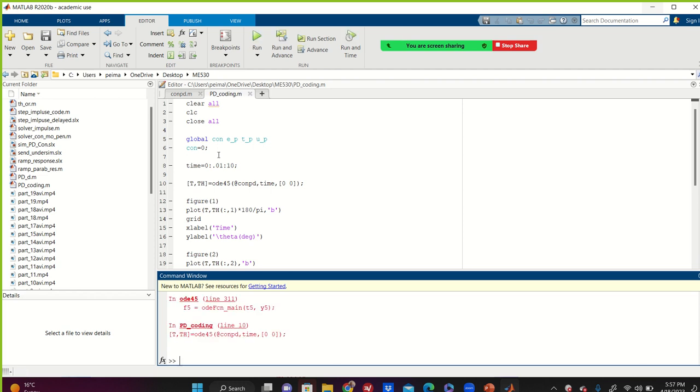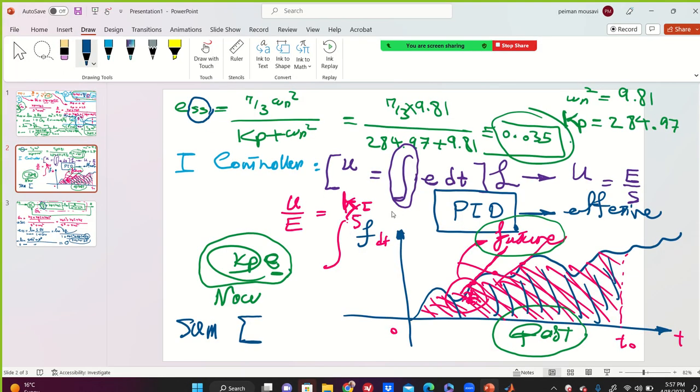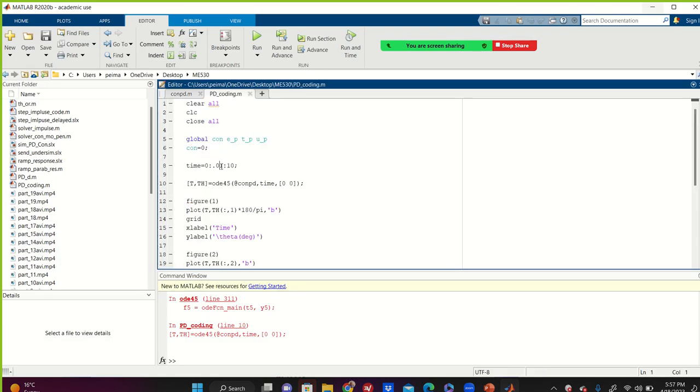But as I taught you here, it is integration of E in dt, the step time. So because I said dt is 0.01, I'll define it here, t step, to make it clear.